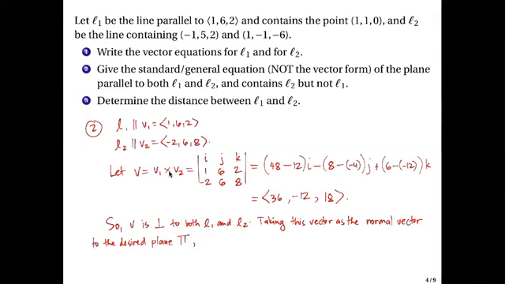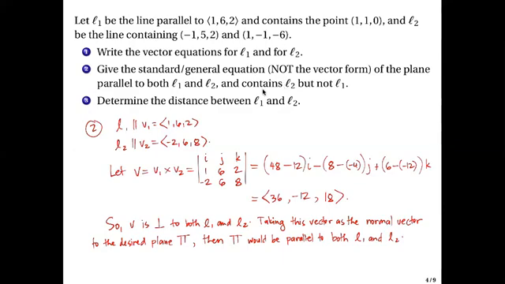Then pi would be parallel to both L1 and L2.